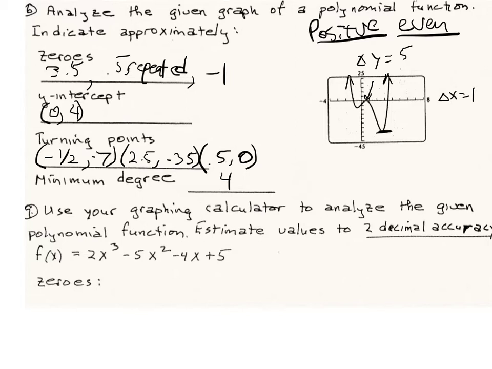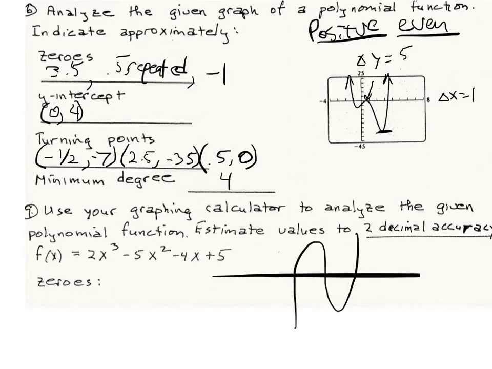Alright, so then I'm going to calculate my zeros, and as I'm looking at this, my first 0 on the left hand side kind of looks like this, and it goes here.